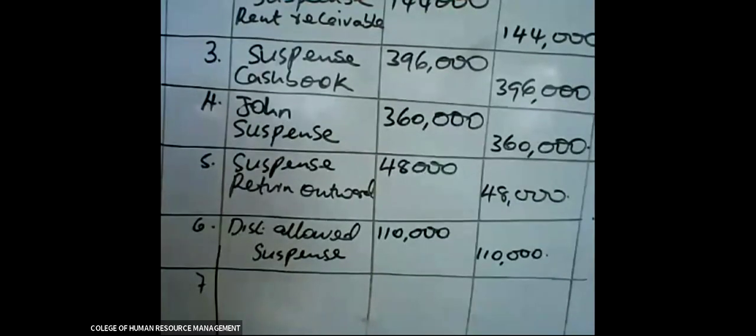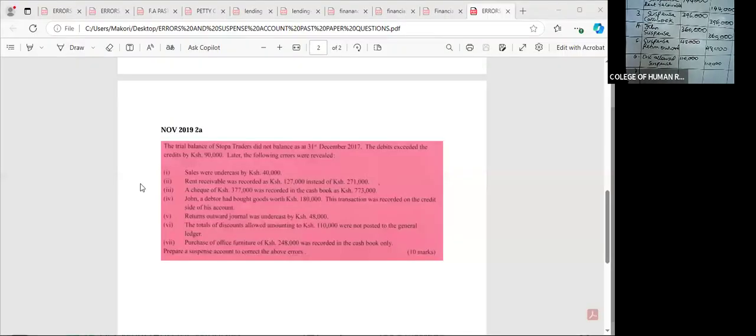Then we conclude number 7. Purchase of office furniture. Office furniture is a fixed asset, should be debited in the office furniture account. It was recorded in the cash book only.